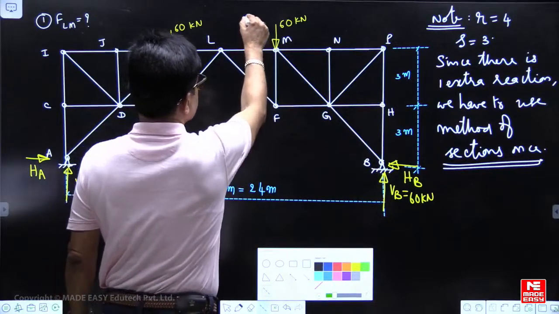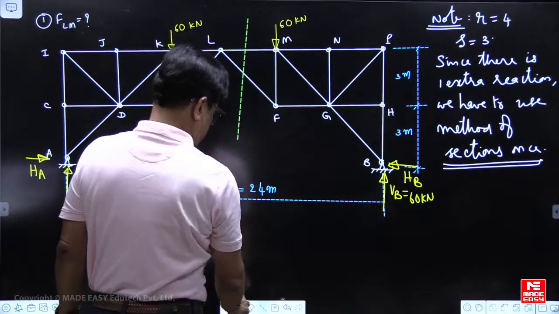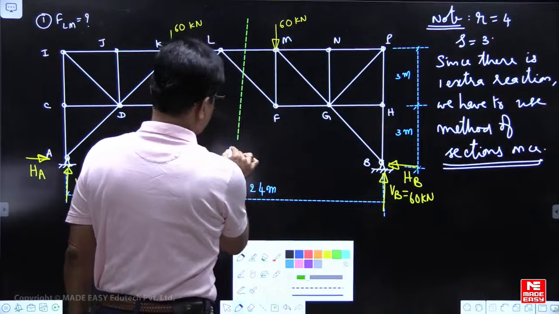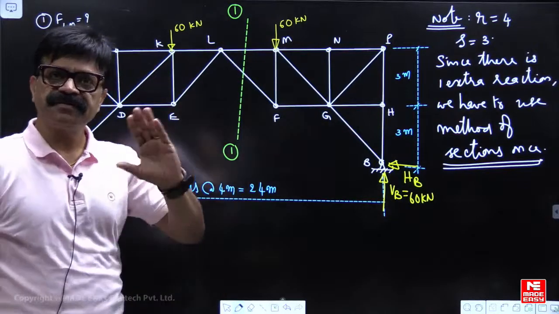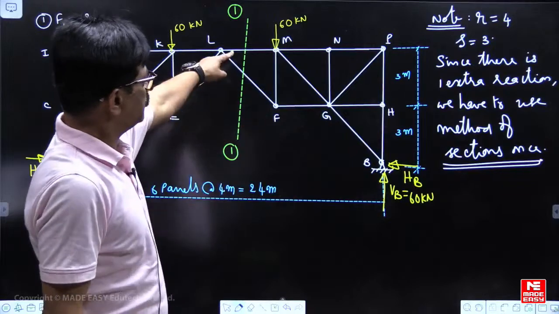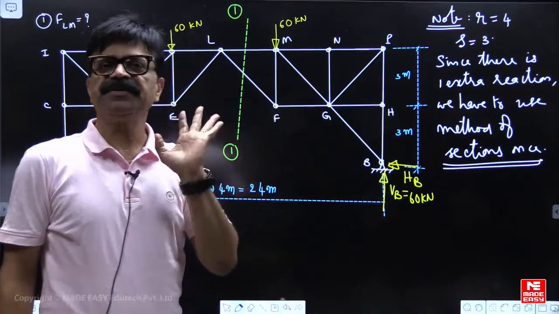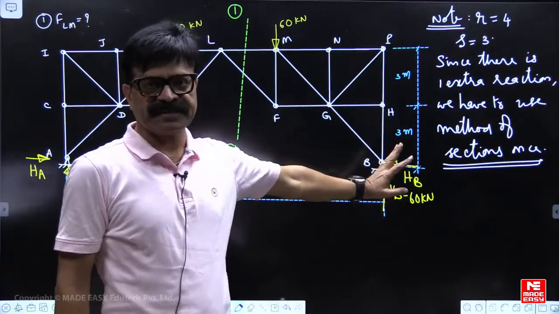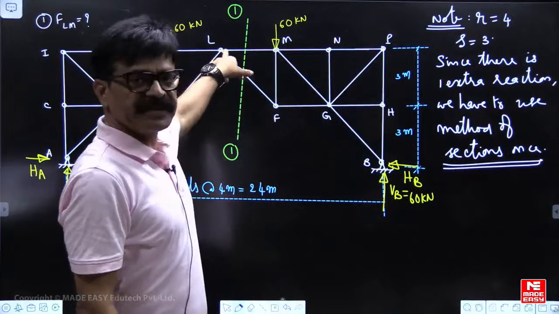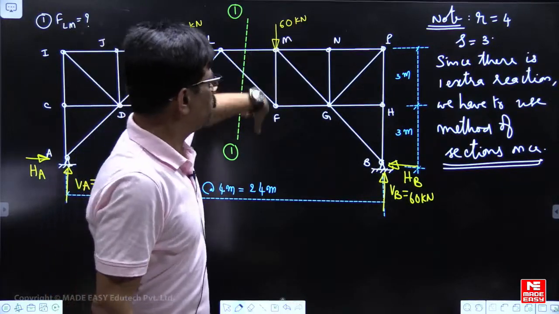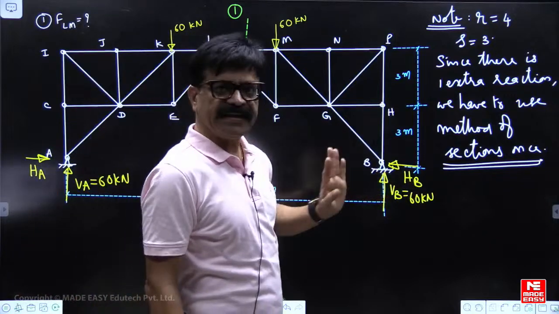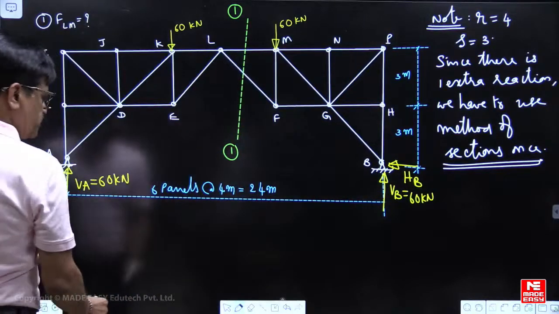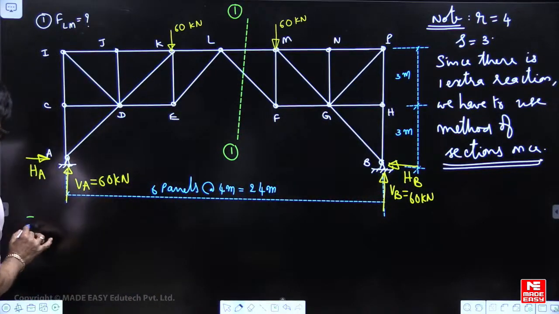Suppose you decide to cut like this, by section 1-1. These 2 member forces we don't want right now when finding the reactions. So the unwanted members are meeting at L. Take moments of all forces about L equal to 0. Then you can find HB.